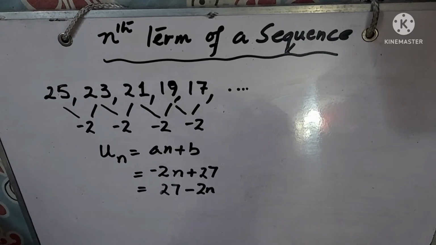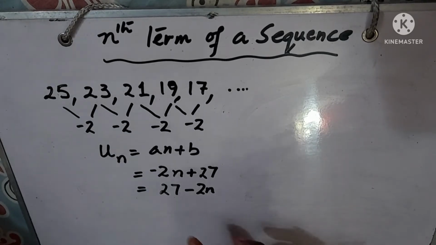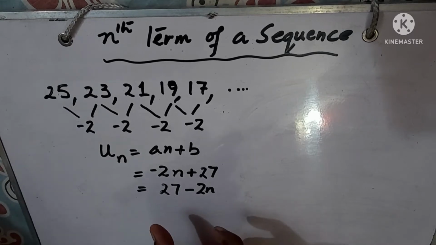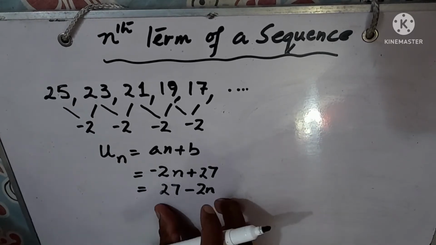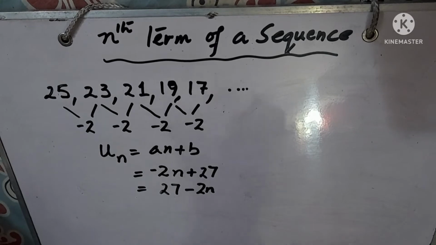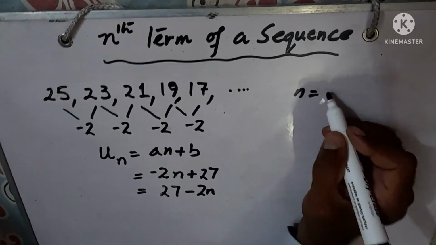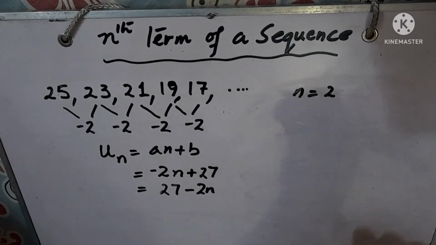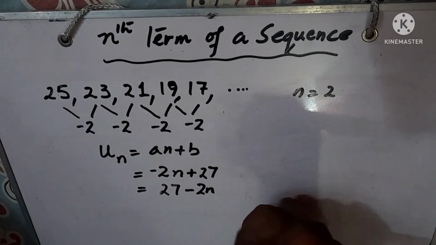Then comes the confirmation part. I need to check whether the nth term I have got is correct or not. I will be checking with two different n values. Suppose my n value is 2, and then for my other n value, 5 or 3 or 4, I will do that later on.